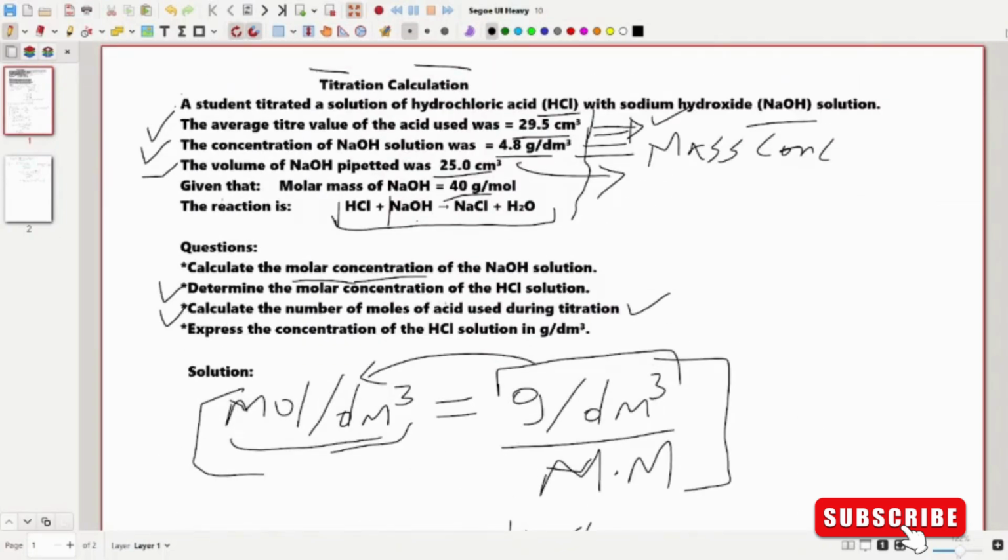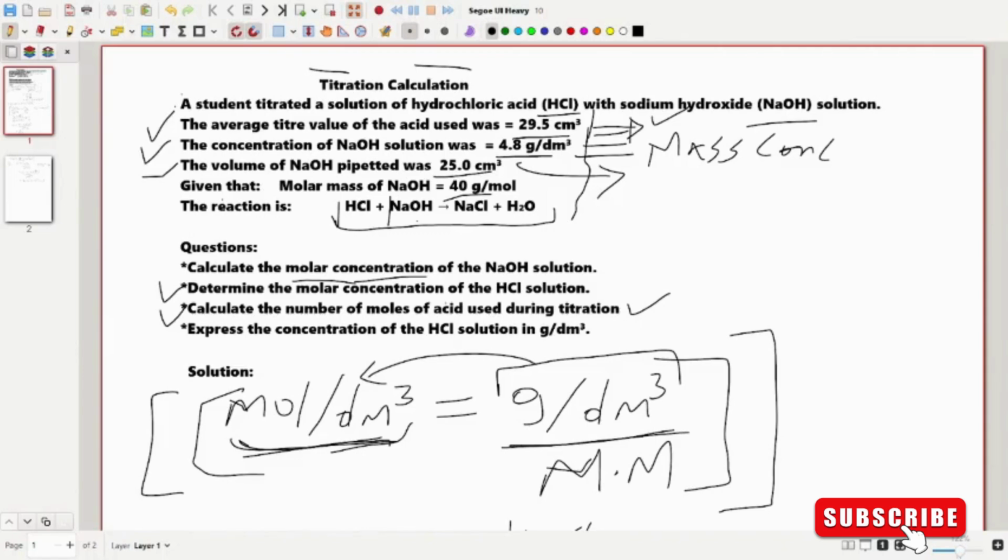For the last one, we've done something similar earlier. You can attempt it by using this expression here and putting the answer in the comment section. Express the concentration of HCl solution in g/dm³. You'll be using the molar concentration of HCl, and you are trying to get the mass concentration.